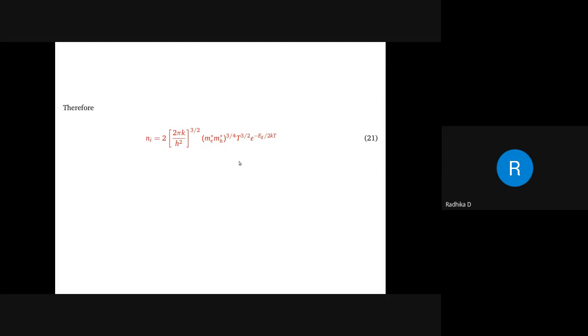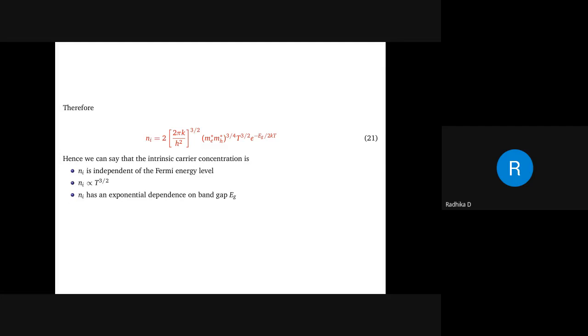What all do I understand from this? Here there are no terms on Fermi energy. There is no Ef in this entire expression. That means intrinsic carrier concentration is independent of the Fermi energy level. Next, it is proportional to temperature to the power of 3/2, T to the power of 3/2.